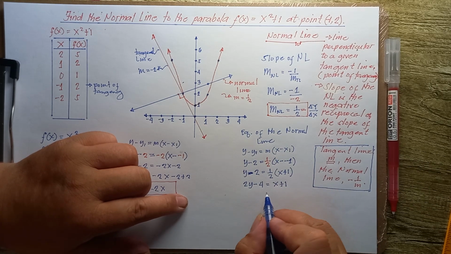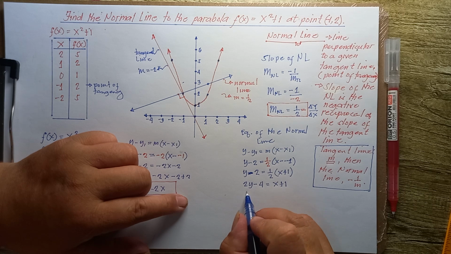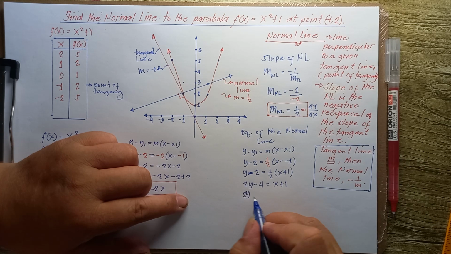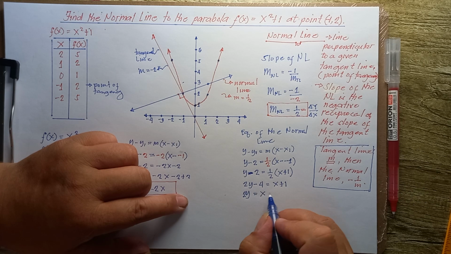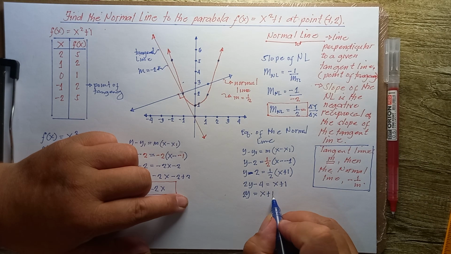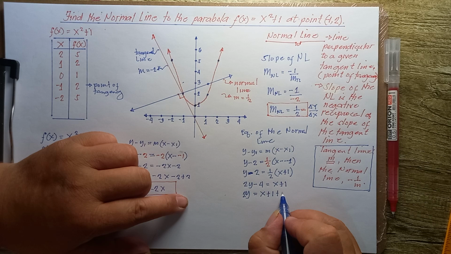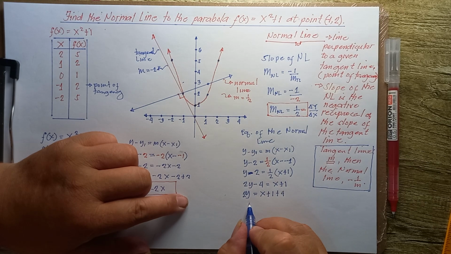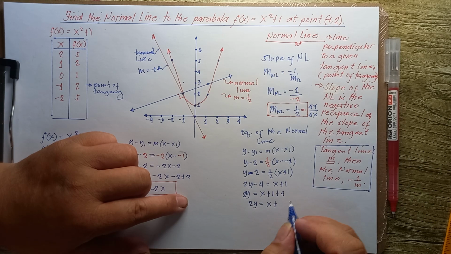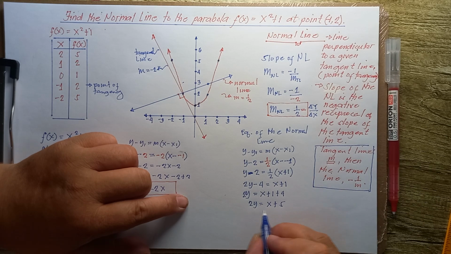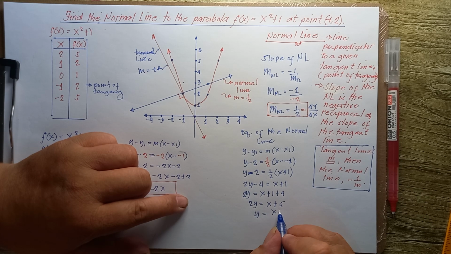So 2y is equal to x plus 1 plus 4, which gives 2y equals x plus 5. And what is your y? Y is the same as x plus 5 over 2.